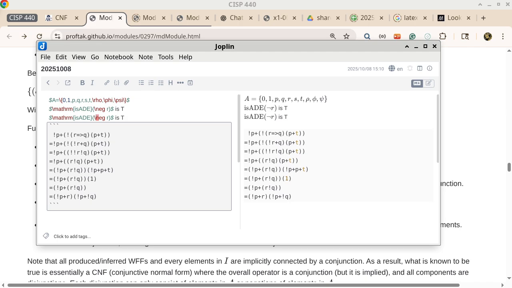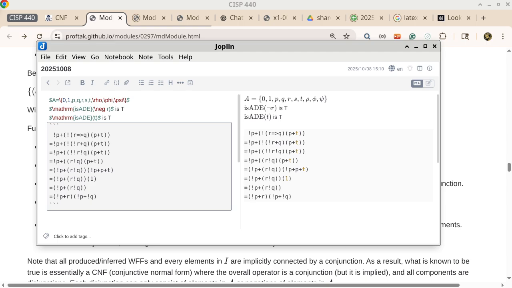We'll just pick the non-negative version of t. That seems to be true too because t itself is an element of alpha. So t all by itself is also automatically going to be a disjunctive element. It can be something inside a disjunction. Is that okay?